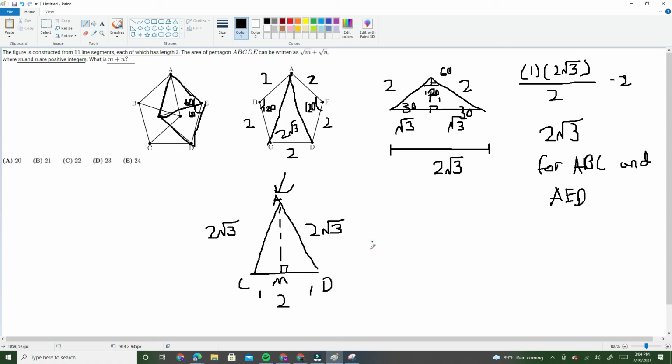Using the Pythagorean Theorem, we know that AM squared plus 1 squared, 1, is equal to 2 root 3 squared. 2 root 3 squared is 12. So just like that, we know that AM squared is equal to 11, or AM is root 11.